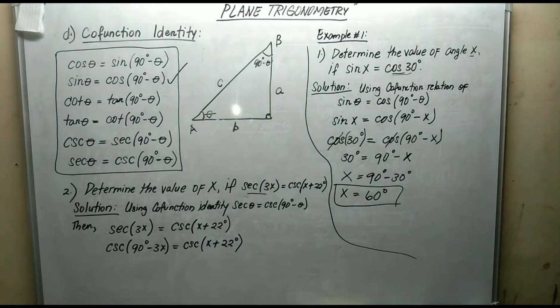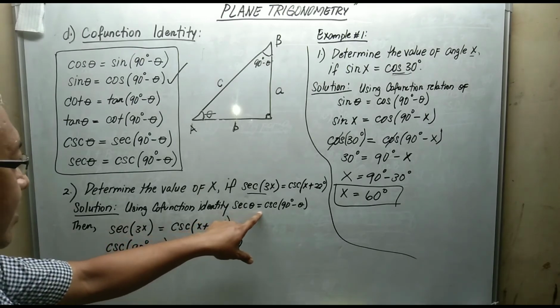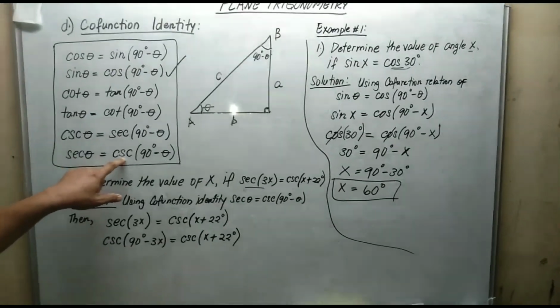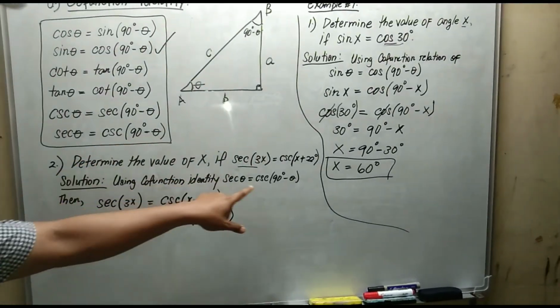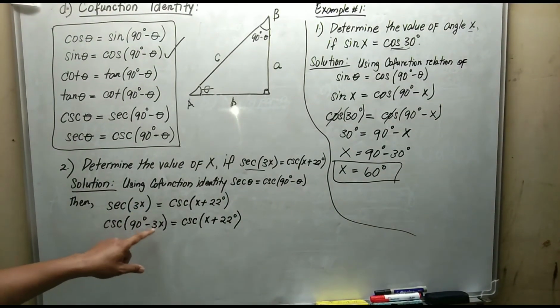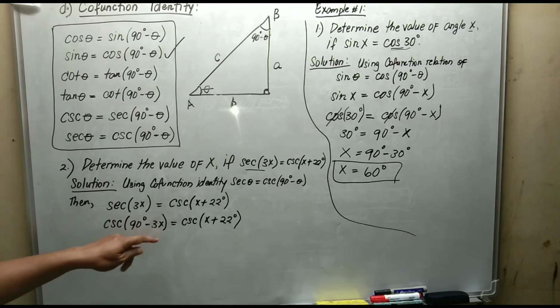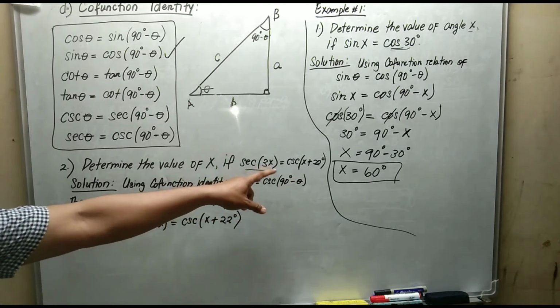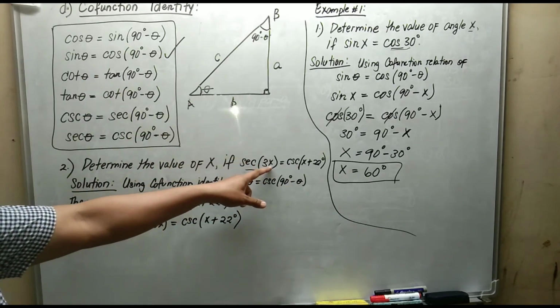Okay, I hope you followed. Where did I get this one? Since secant 3x or secant theta is equal to cosecant 90 degrees minus theta. See our cofunction here. Cosecant 90 degrees minus theta. So the angle will be 3x. We replace theta in terms of x because our variable is in terms of x.